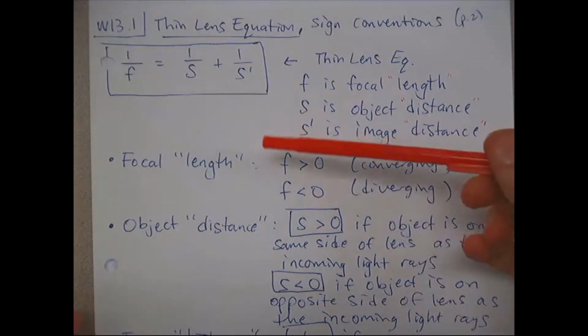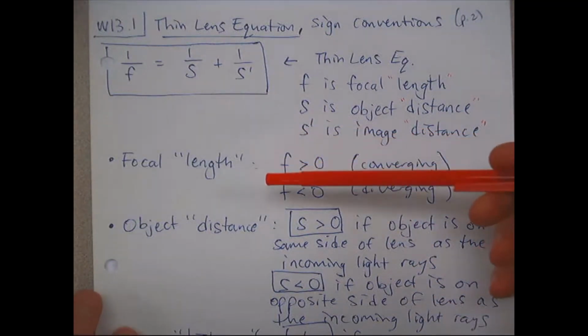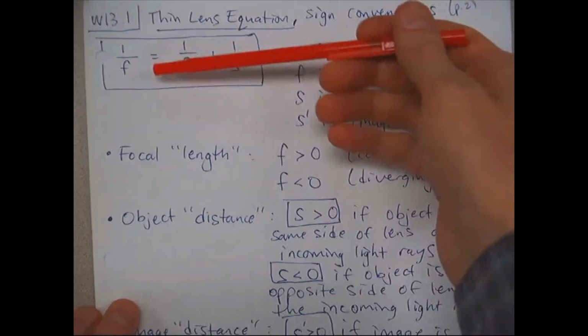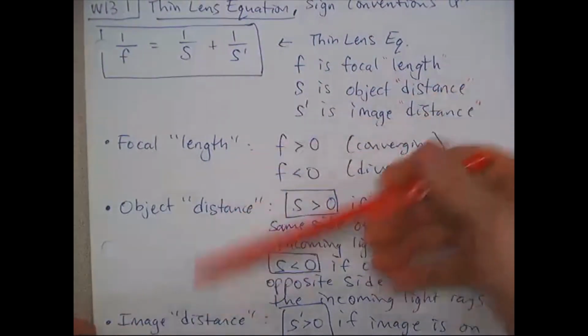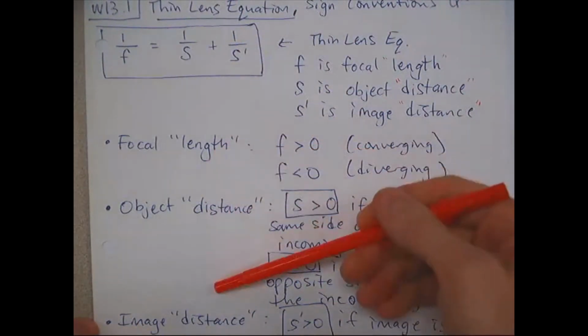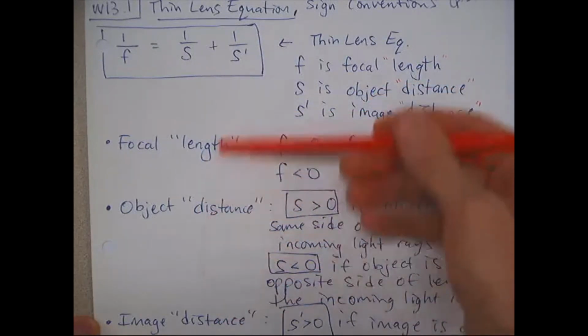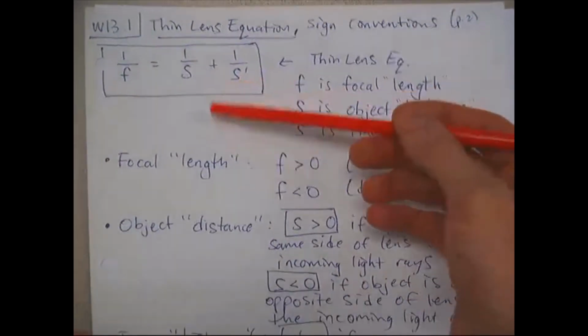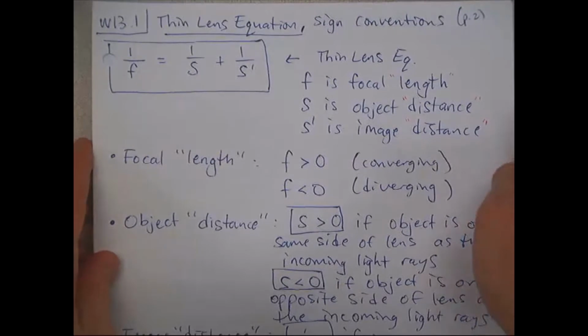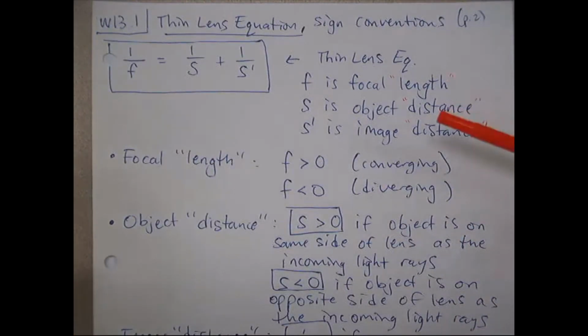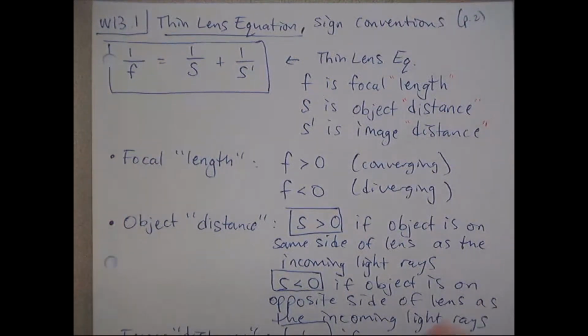And we have to be a little loose with what we're calling focal length or object and image distances. Usually we talk about these things as if they were positive quantities, but these variables going into the thin lens equation must carry a plus or minus sign, and you have to be very careful with the plus or minus sign in order to come out with the correct solutions.